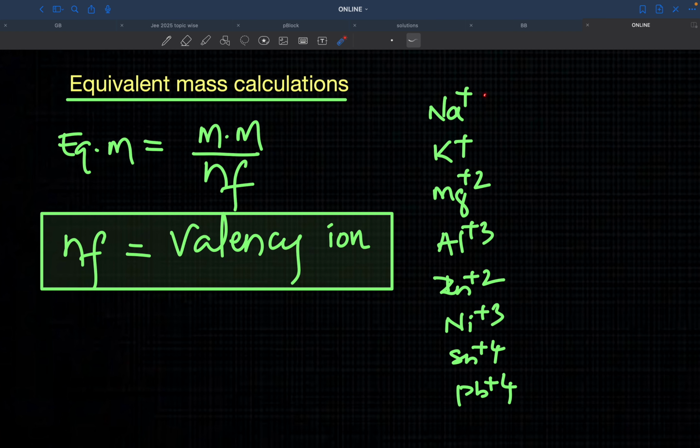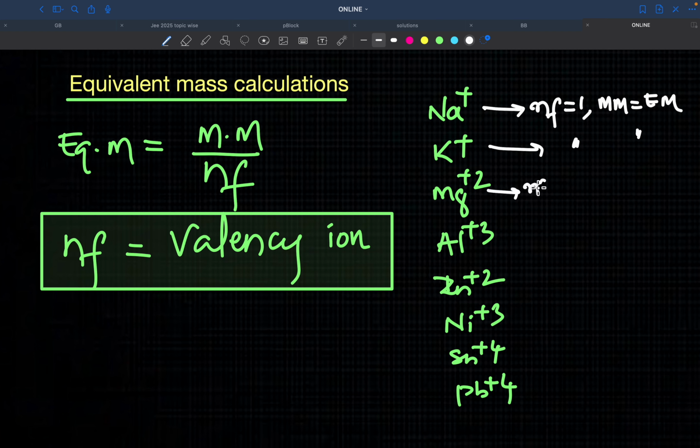One charge is present here, and here two charges. This is the valency. This is nothing but the valency. If you ask me to calculate the equivalent mass of it, since the n factor is 1, molar mass and equivalent mass are equal. Here too it is the same case, n factor is 1. What is the n factor here? N factor is 2.